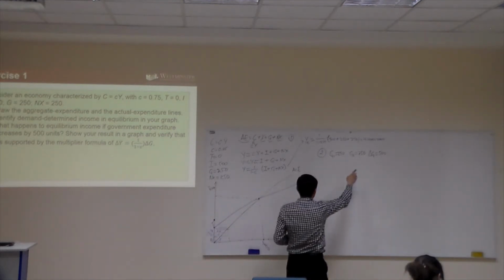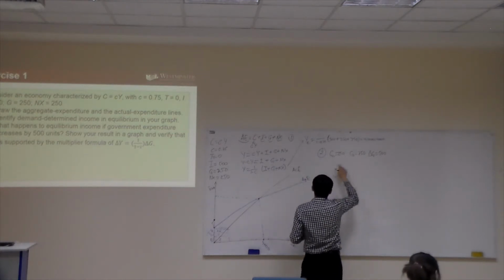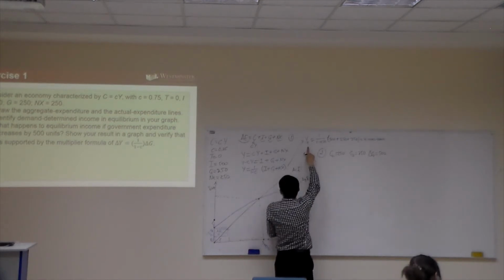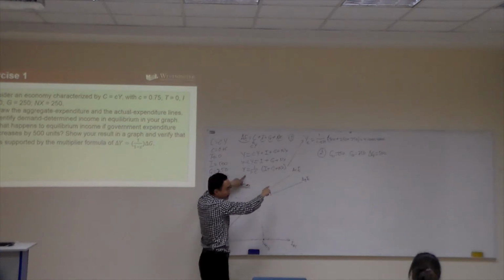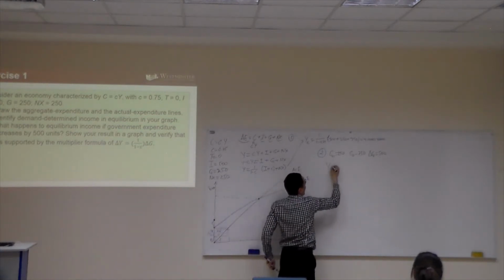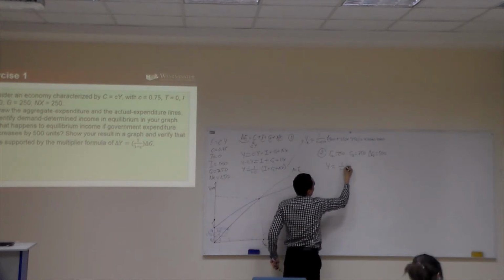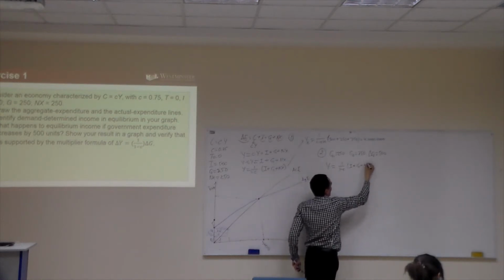Now in order to find this effect on equilibrium income, we are going to take the first difference of this equation. Let me write it. So Y is equal to 1 over 1 minus c times investment plus government spending plus net export.